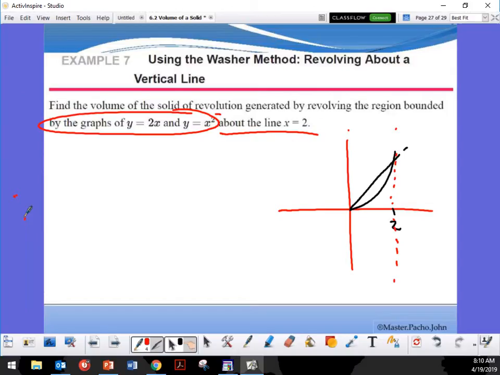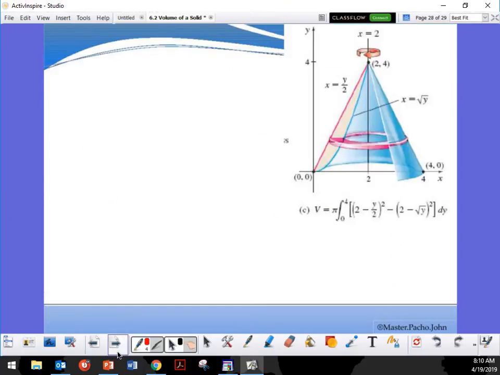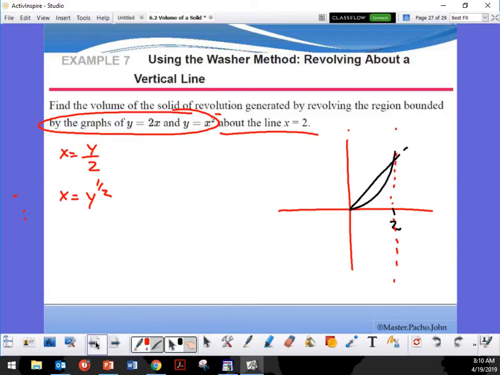So I'm going to get x equals y over 2, and I get x equals y to the 1/2. Yes, okay. Yes? Because I take the square root of x squared, right? So I get that.